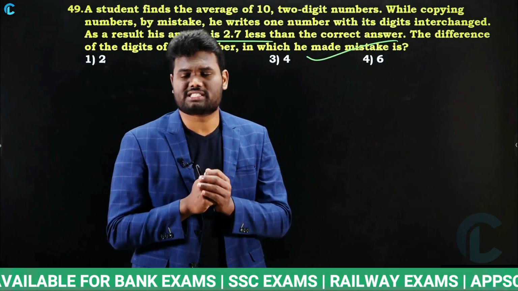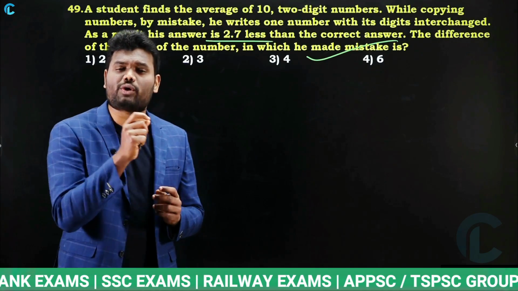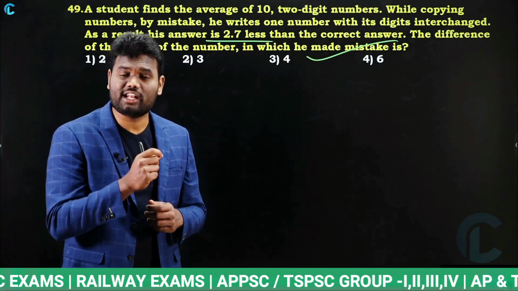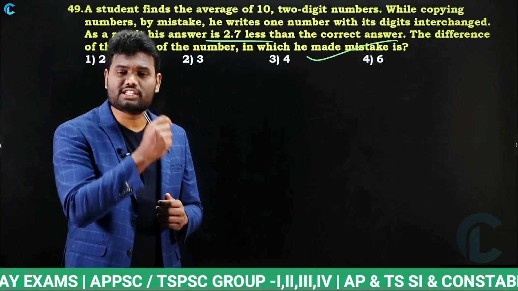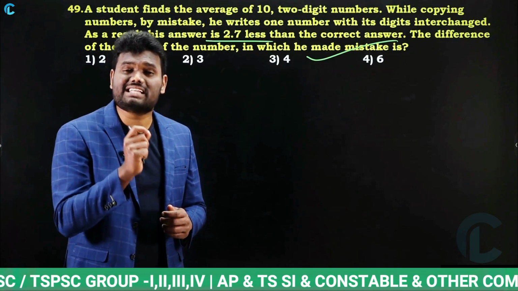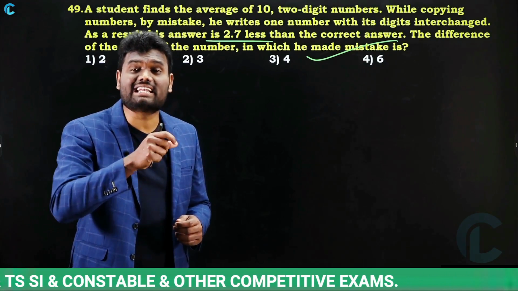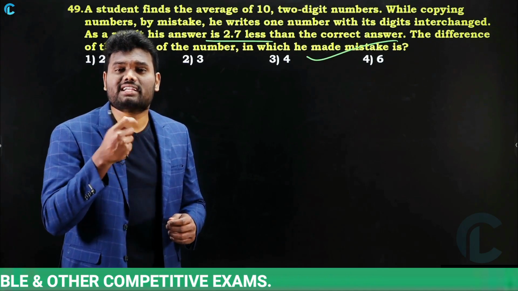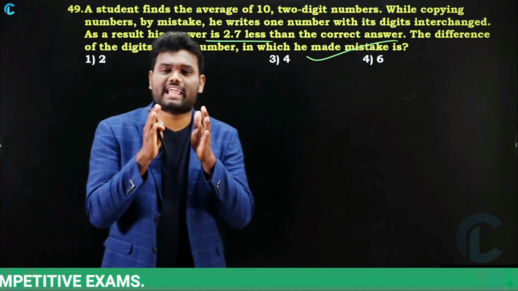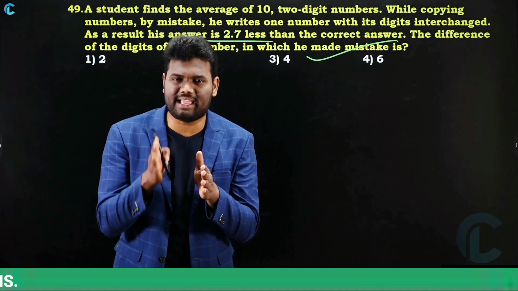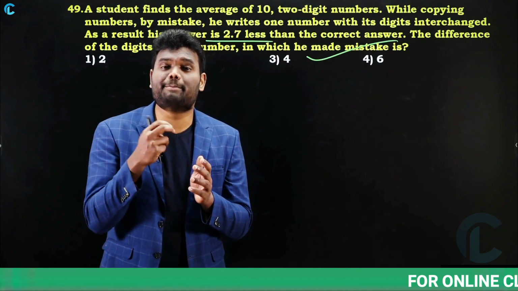Now what this question is saying is, a student is trying to calculate the average for 10 two-digit numbers. While he is copying those numbers, mistakenly for one number he has interchanged the digits. Interchanging the digits means, let us say if a two-digit number is AB, interchange means it is BA.